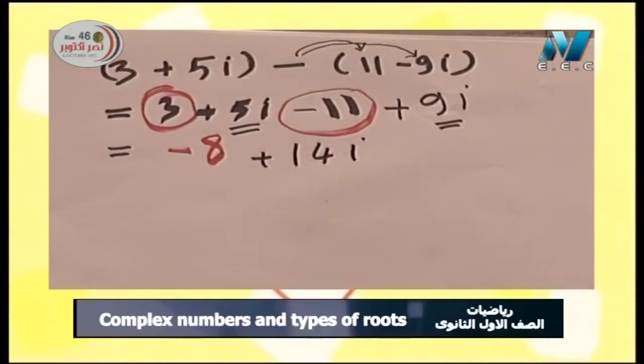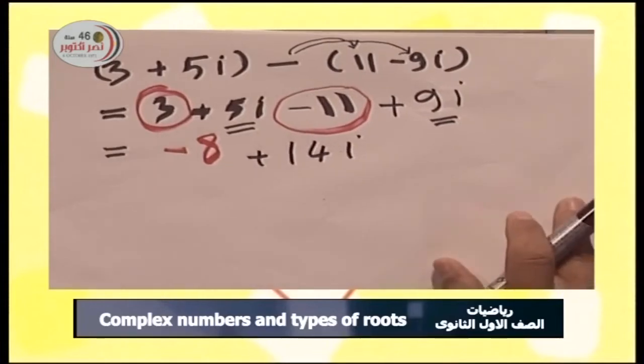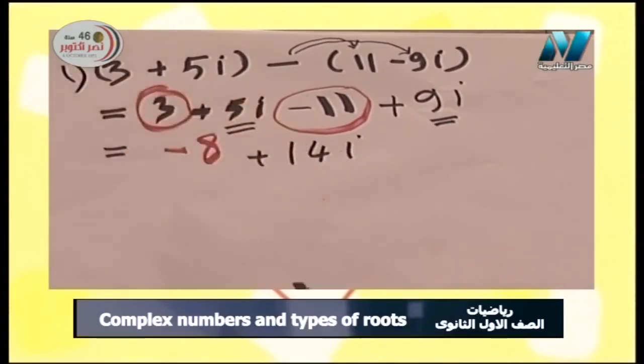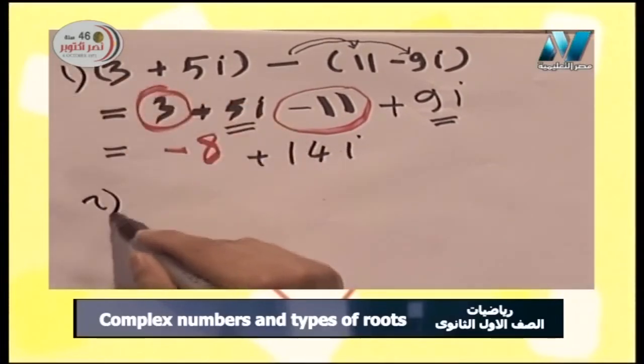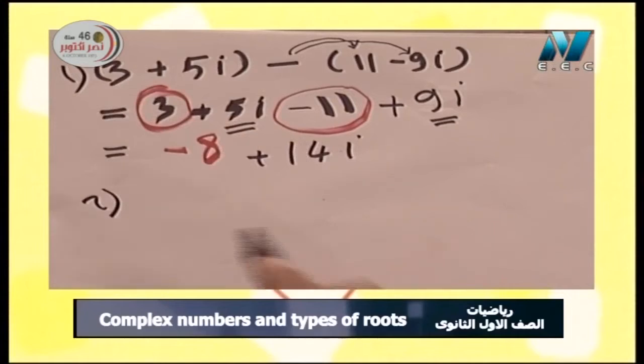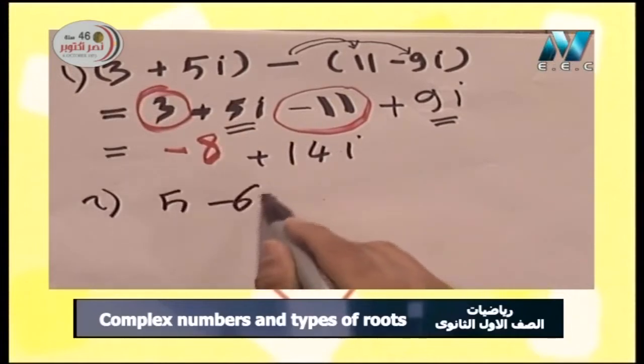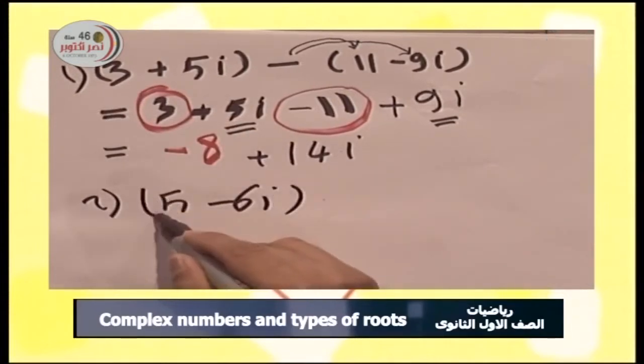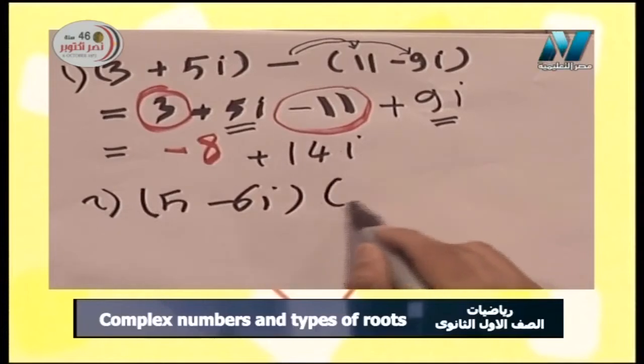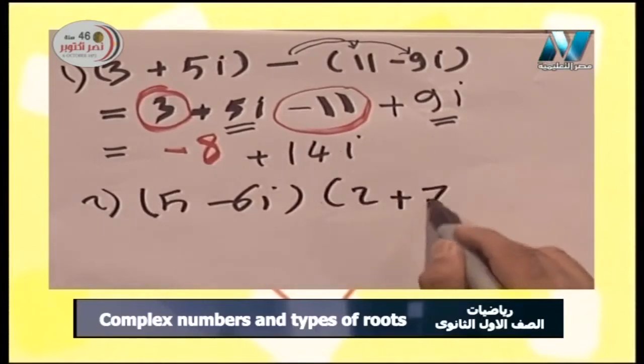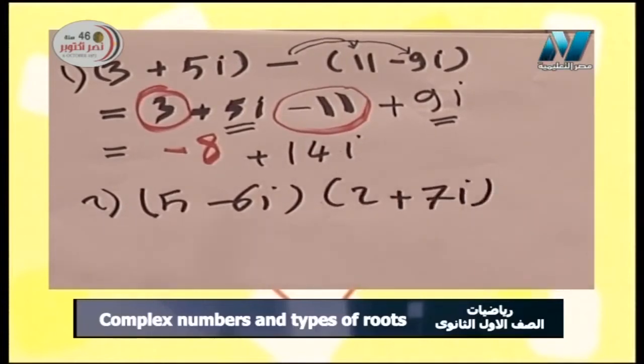Yes, this is number 1. We can go to number 2. We have 5 minus 6i in a bracket multiplied by 2 plus 7i. We have two brackets here.